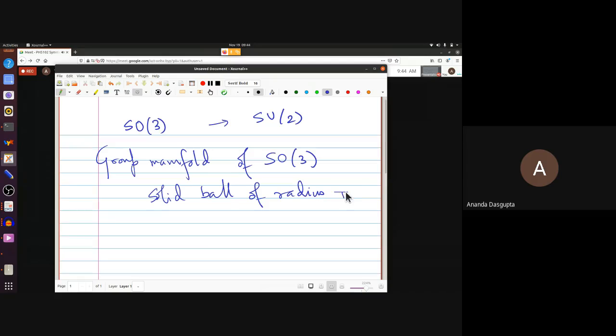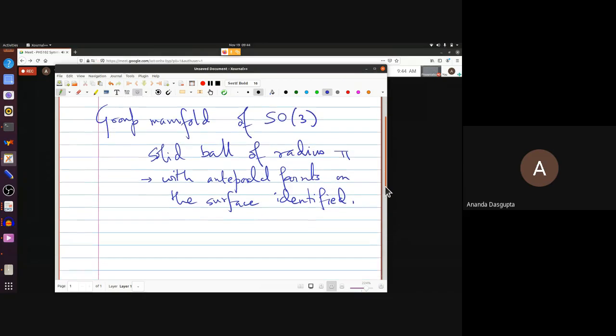If this had been all, then SO3 would have been a rather simple thing, but it's not, because with antipodal points on the surface identified to each other. So each pair of antipodal points on the surface really counts for a single rotation or a single point in the group manifold of SO3.